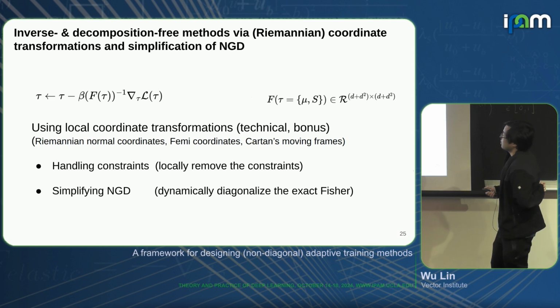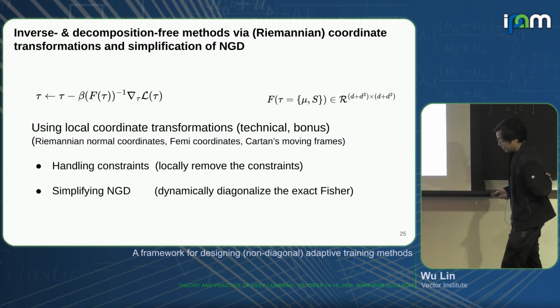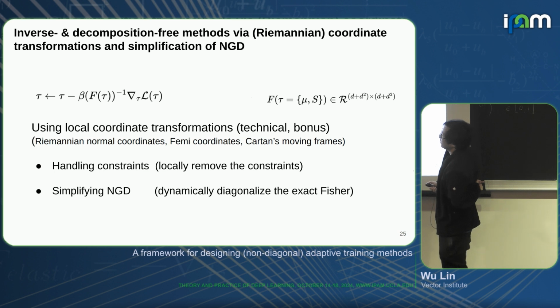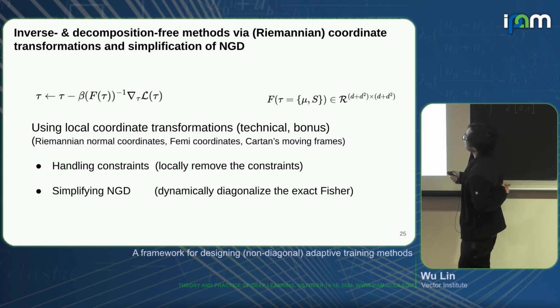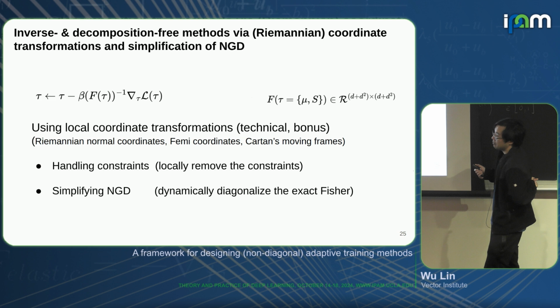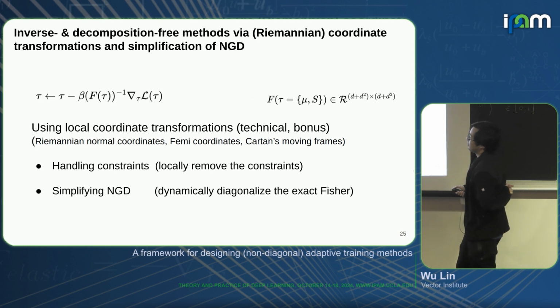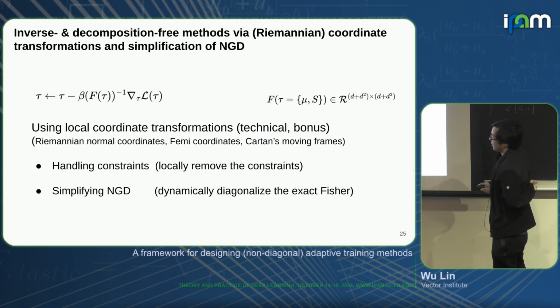Of course, it's non-trivial to obtain such updates, because when we perform natural descent, the Fisher information matrix is high dimensional, since it is the number of neural net weights. We also have to handle constraints, for example, the Q matrix must be an orthogonal matrix. Simplifying the natural gradient is non-trivial because we need to compute the inverse of this Fisher, and we want to use analytical inversions, not any numerical solver.